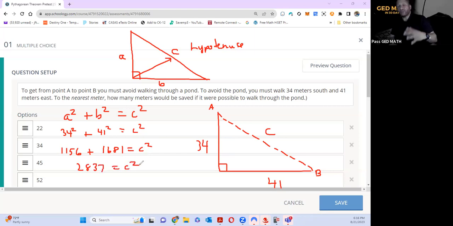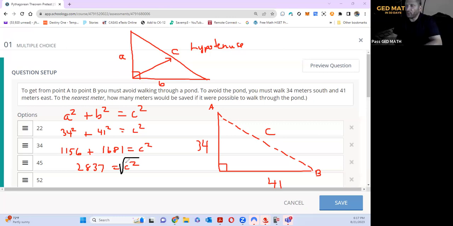Remember, the purpose of algebra is to isolate the variable, to solve for C. Right now we have C squared. How do we get rid of that squared? You take the square root.